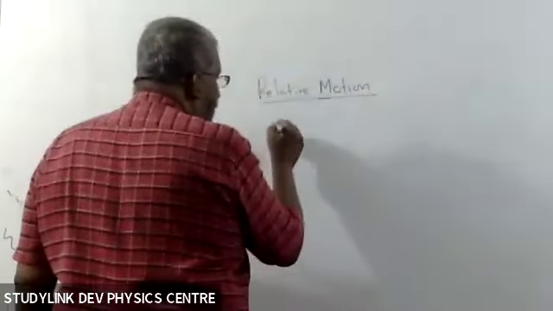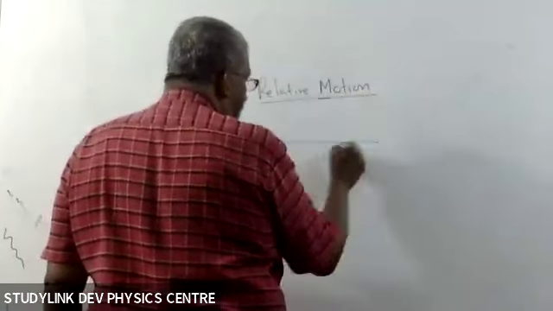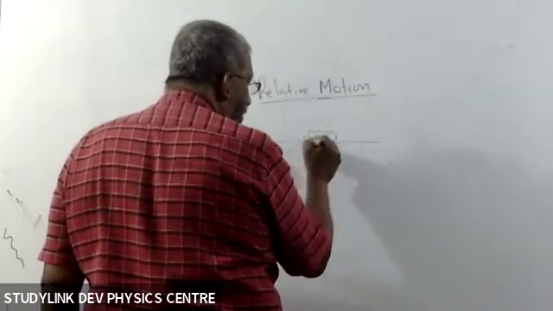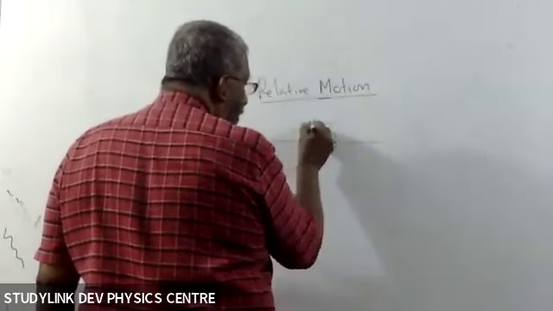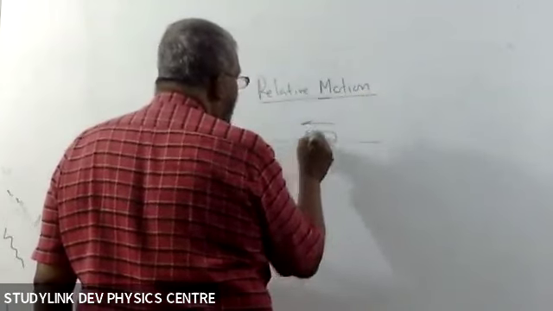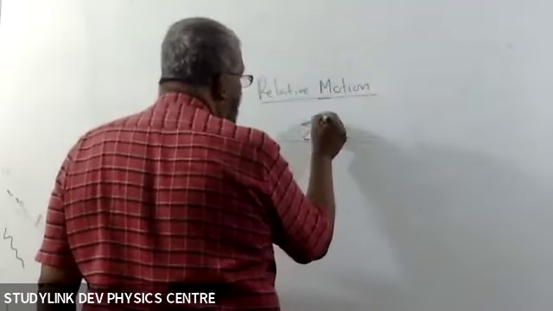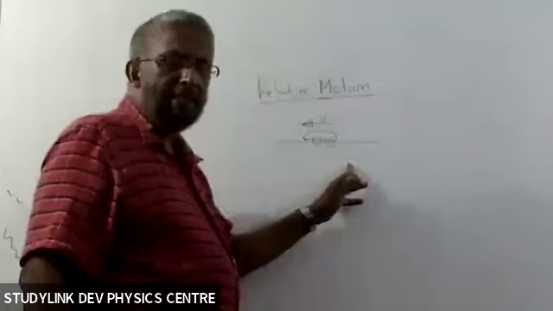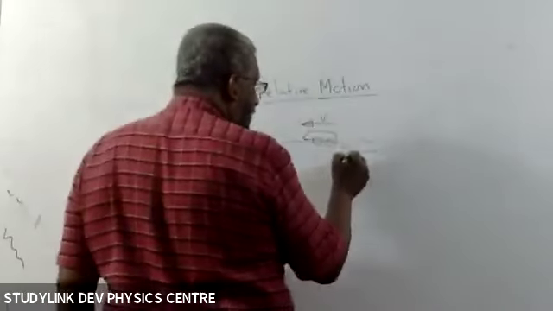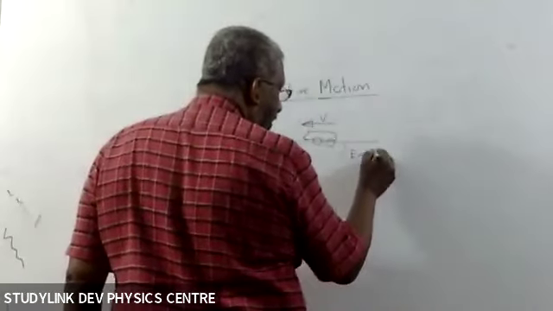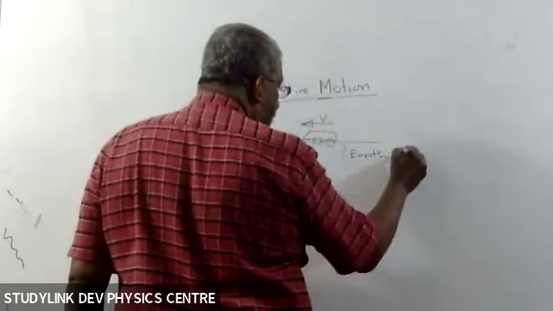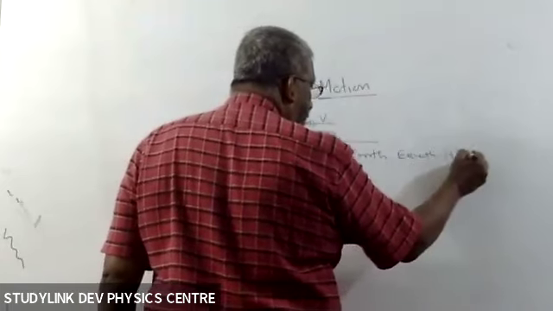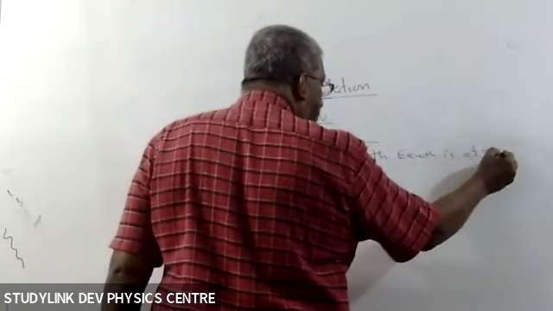A car is moving on the earth towards that direction with a velocity of simply v. We assume the earth is at rest. Rest means does not move.